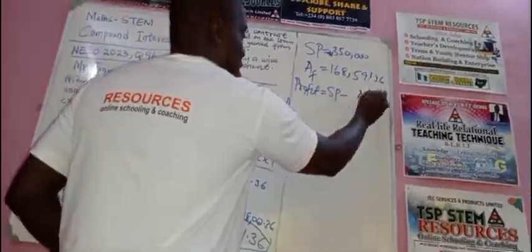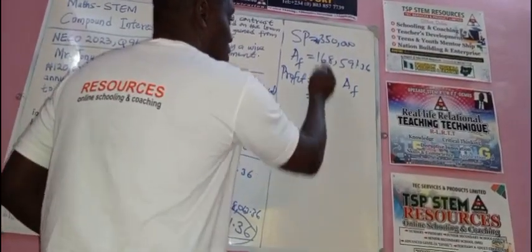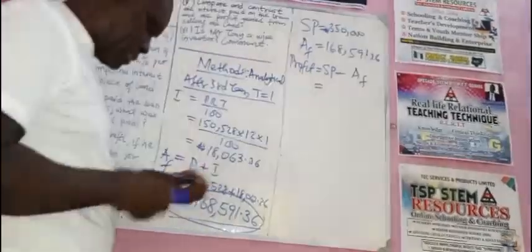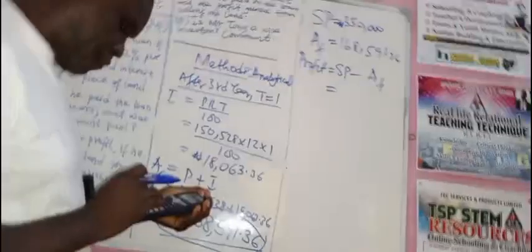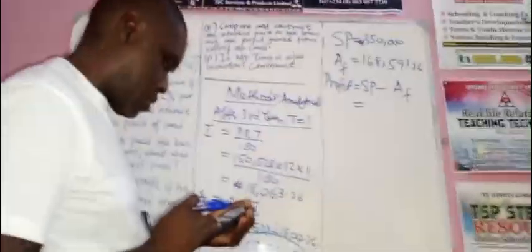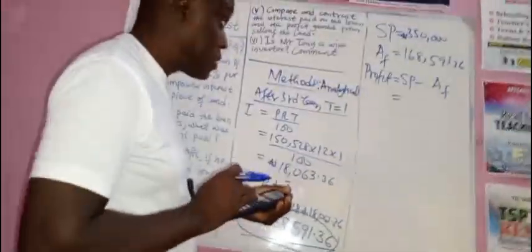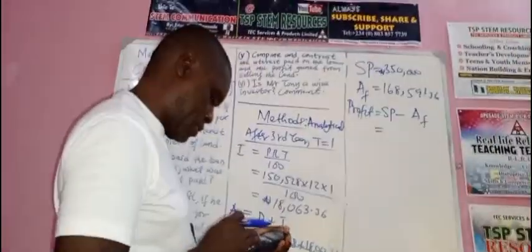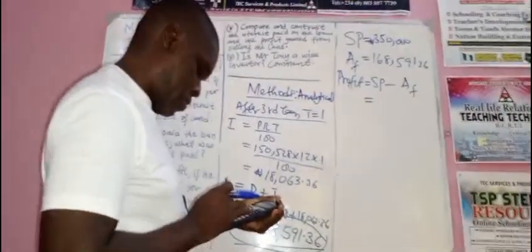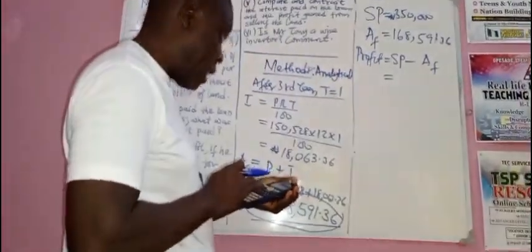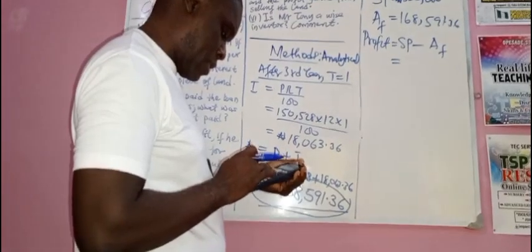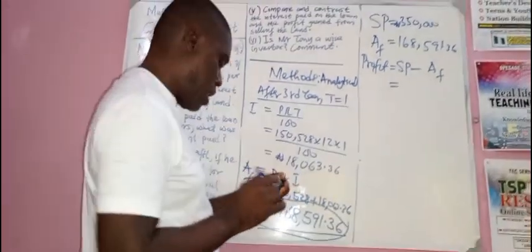Let's call that one AF. If you use a calculator for that, 350,000 minus 168,591.36, what do you have?